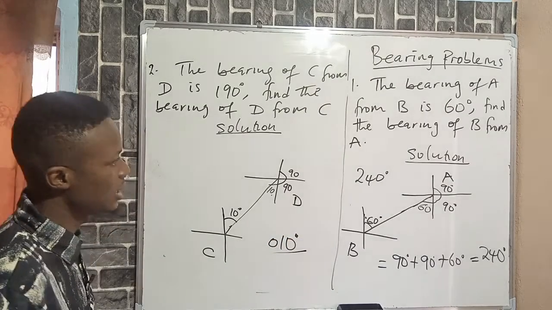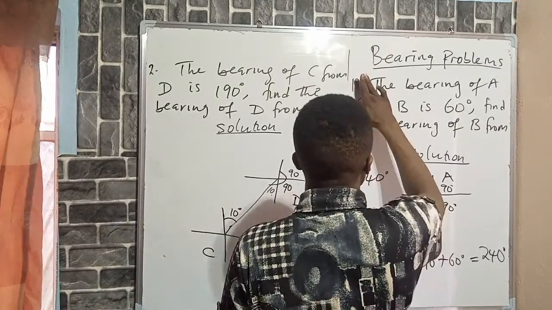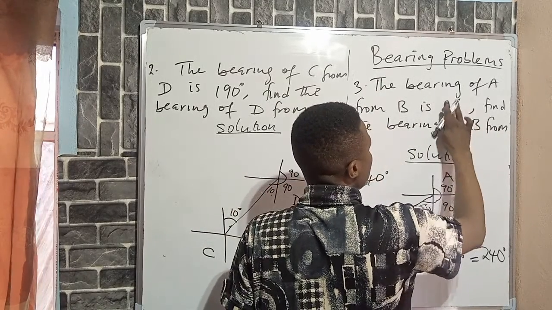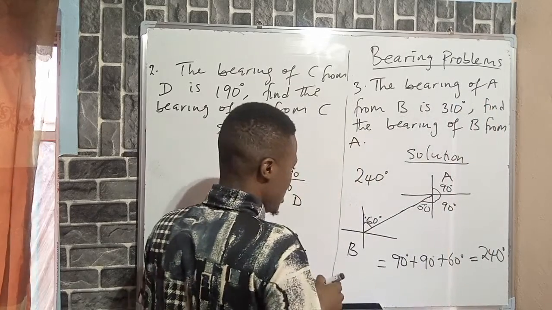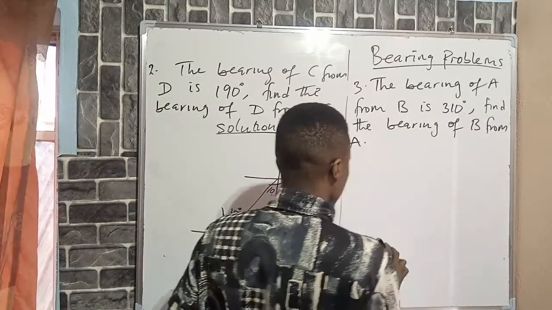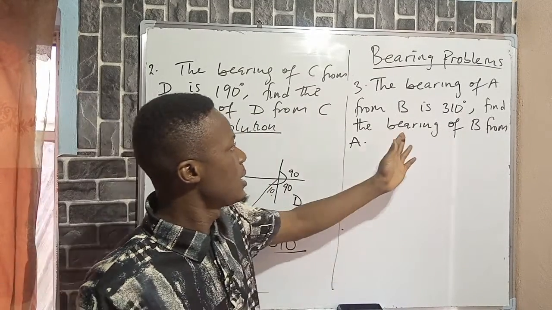Alternate angles, 10 degrees. Okay, let's take another one, which I will call number 3. I will change it to 310 degrees. So let's see. It said the bearing of A from B is 310 degrees.